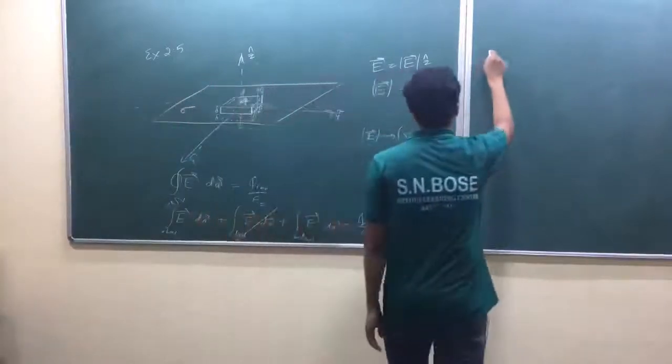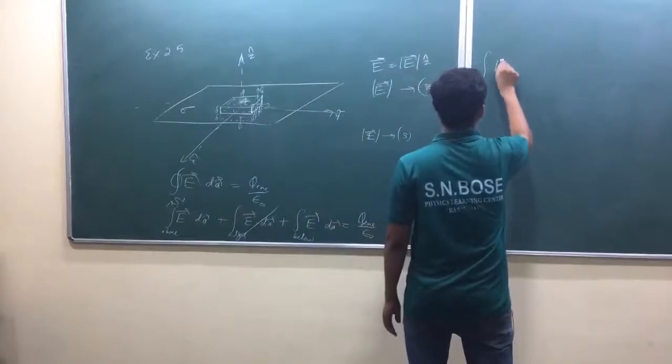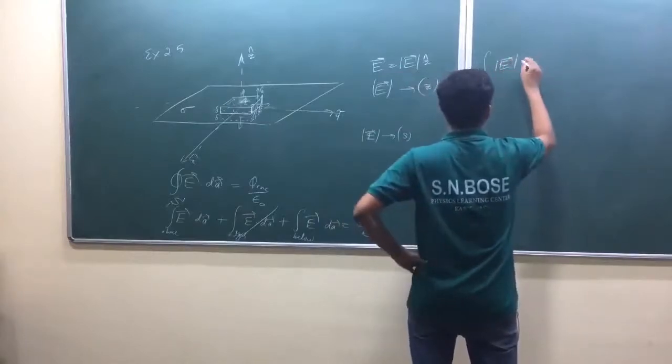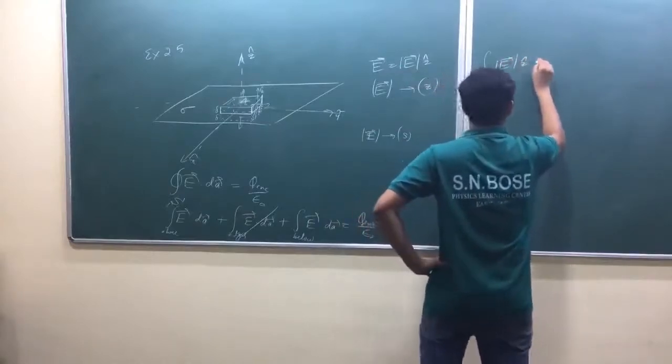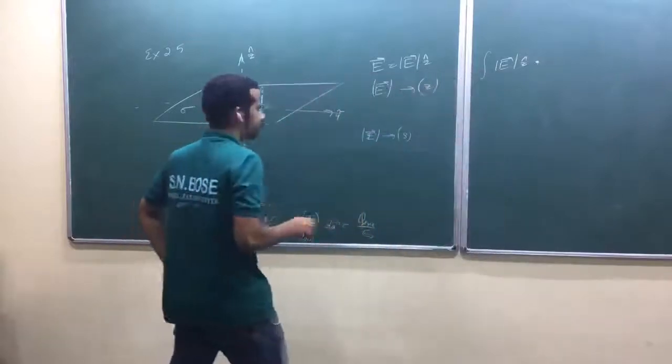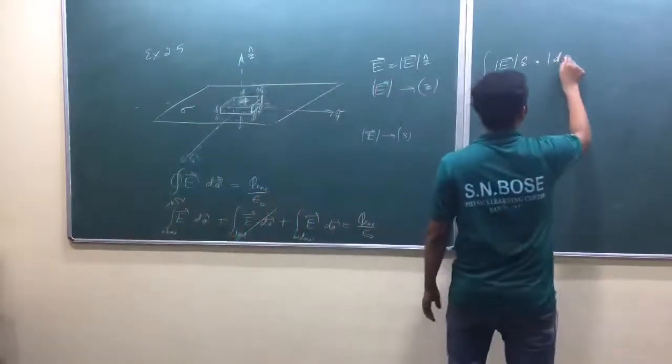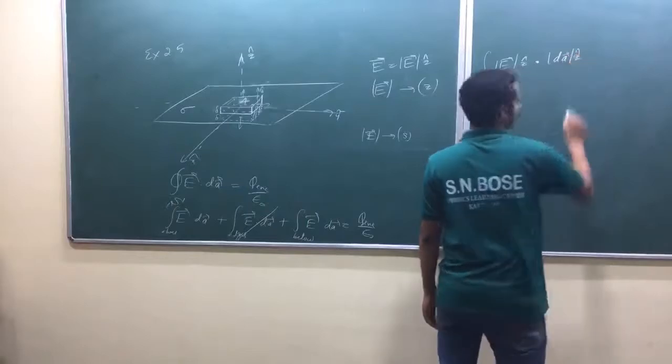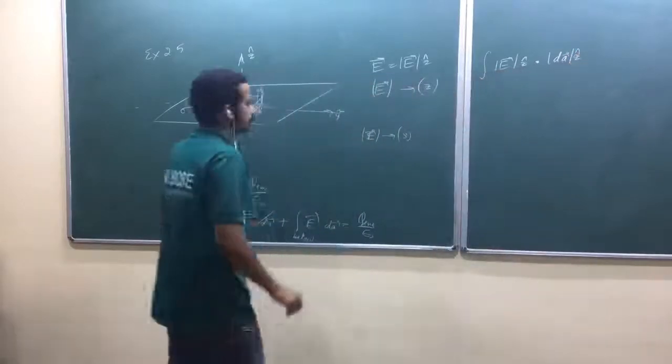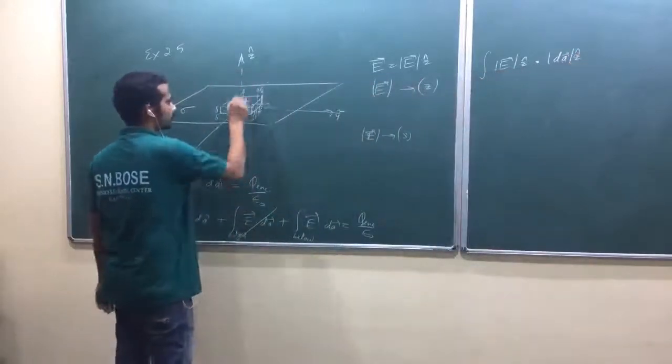So how do you write the electric field above? Mod of electric field times z cap, dot product with mod of dA times z cap. Can I write it like this? Because if you take a patch of area, its vector is also along z cap.